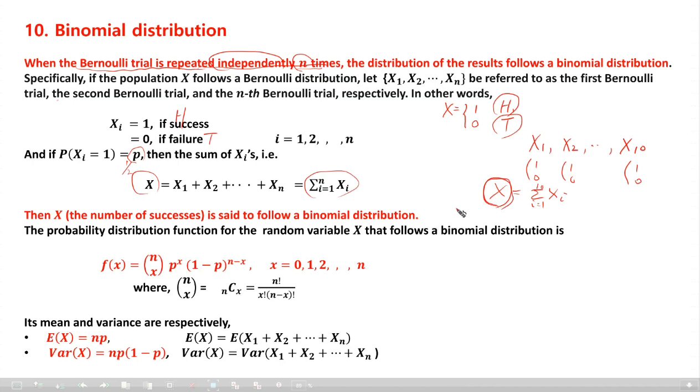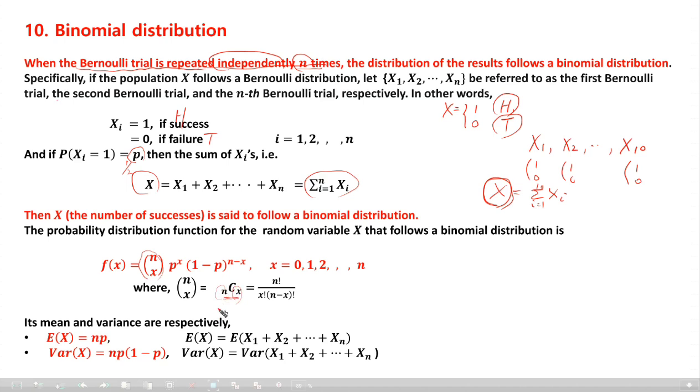Okay, here. The probability distribution function for the binomial random variable is like this. This is n combination x. What is a combination? Take x out of n.